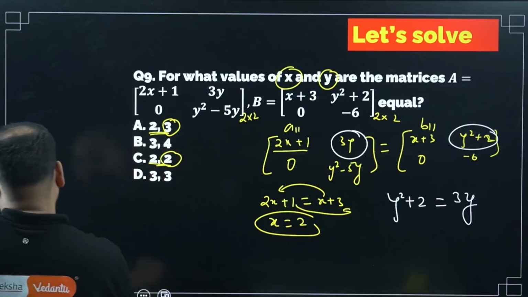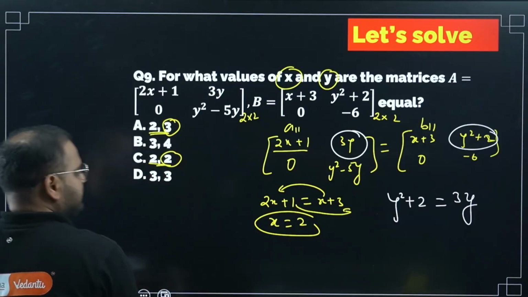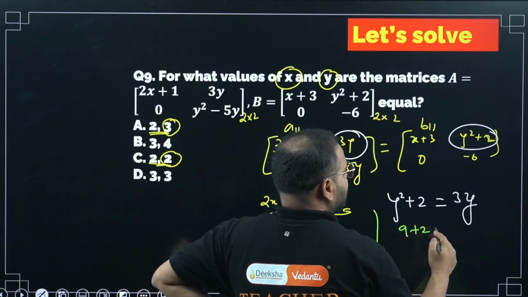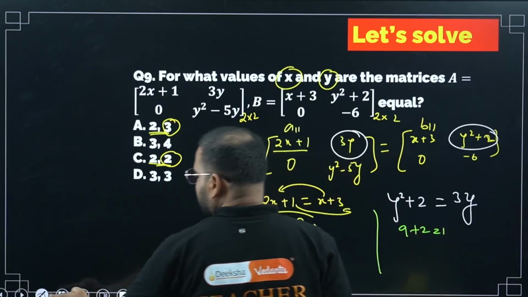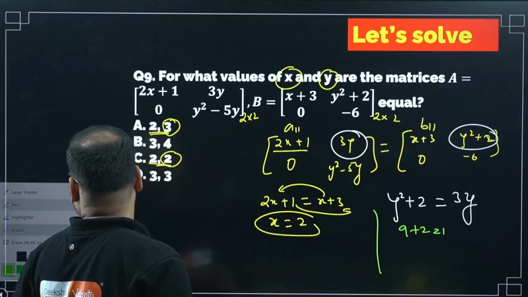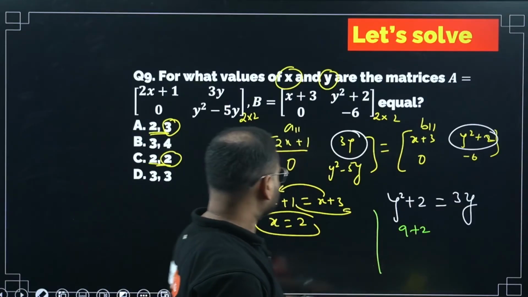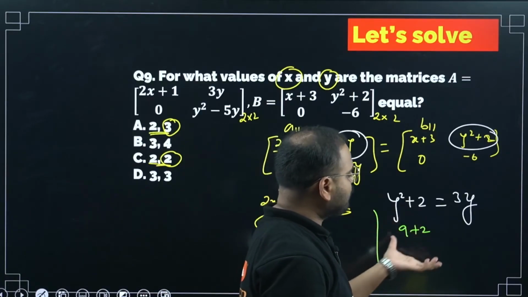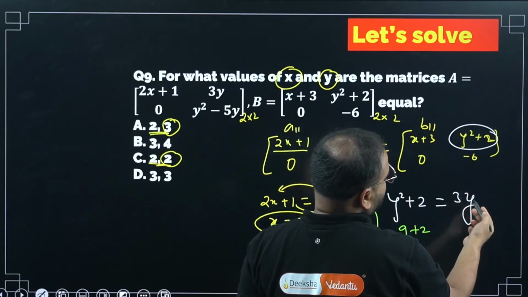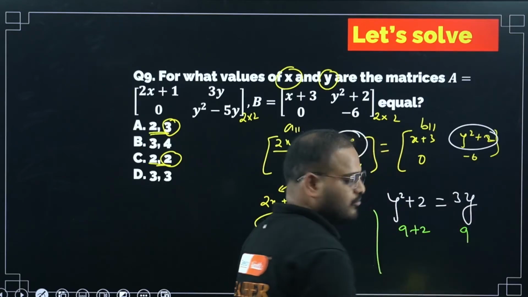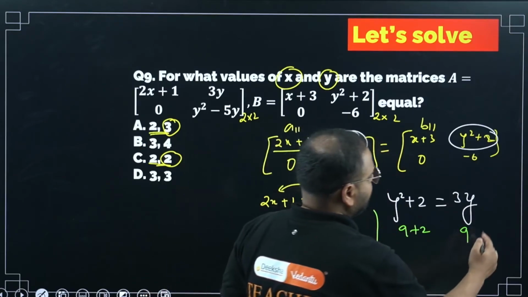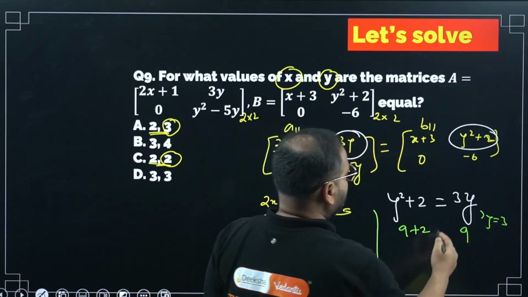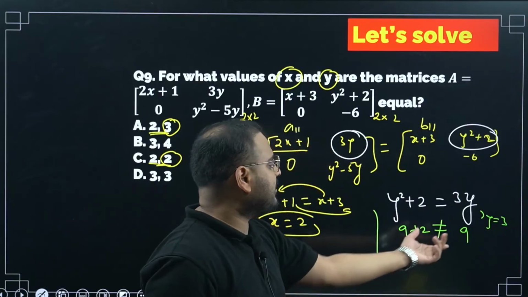If I put y as 3, what will happen here? 3 square is 9 plus 2, and 3y will be just 9. I have taken y equal to 3, so this is not equal. 9 plus 2 is 11, and that's just 9.